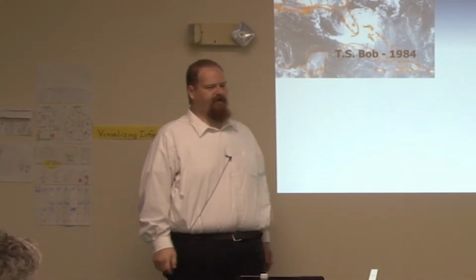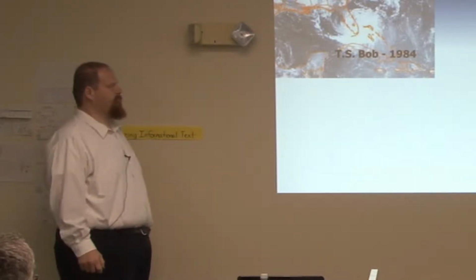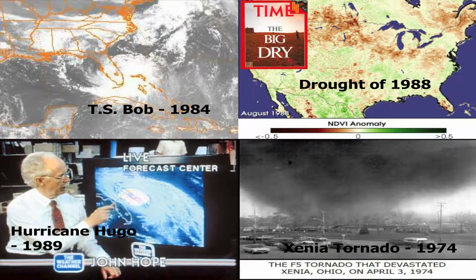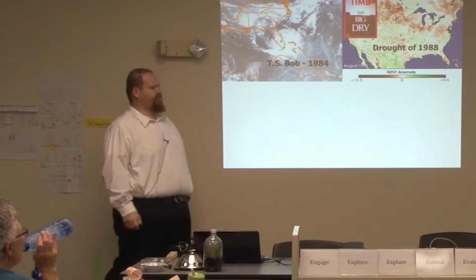So I'm going to start you on a little journey, beginning with a 5-year-old boy in Miami, Florida, as Tropical Storm Bob came across the peninsula. It was his first interaction with a major weather event. A few years later, he moves back to Ohio with his family and experiences the summer of 1988.